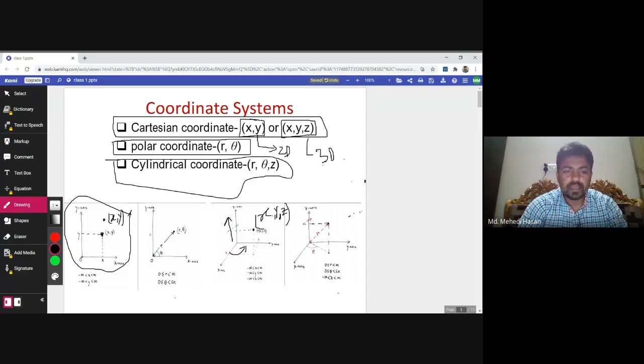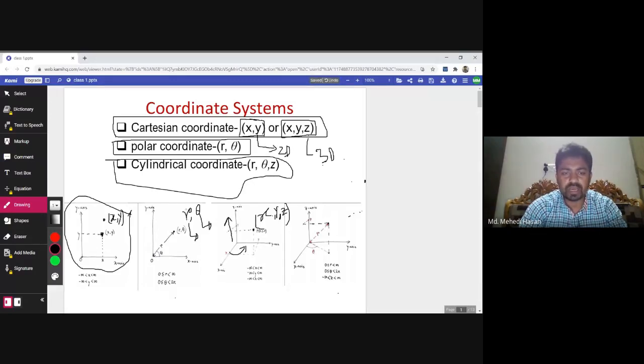Then the polar coordinate system. In polar coordinates, the coordinate is r, theta, where r represents the magnitude of the vector and theta represents the direction of the vector.